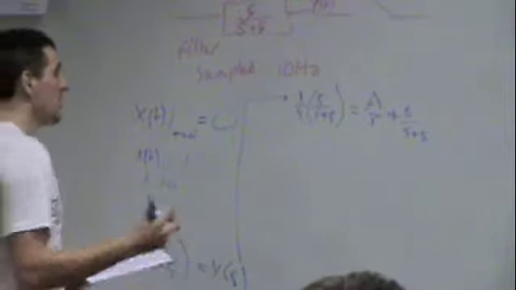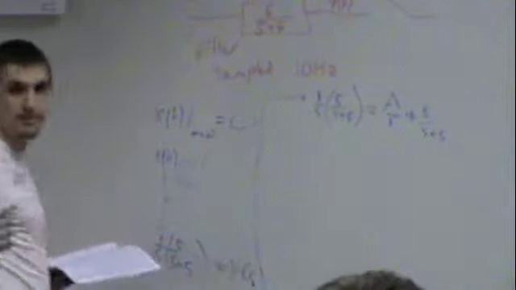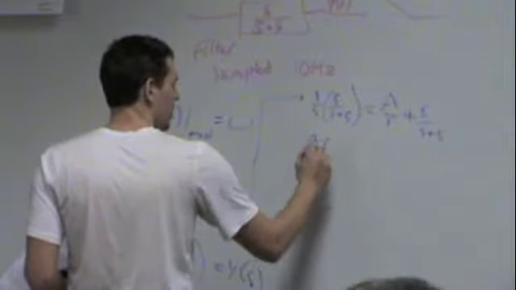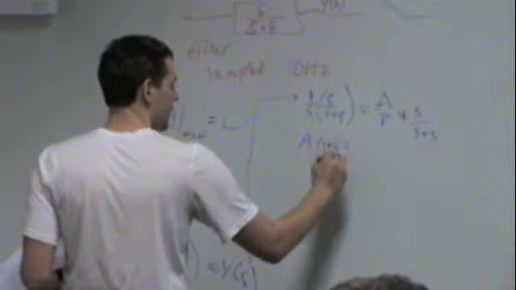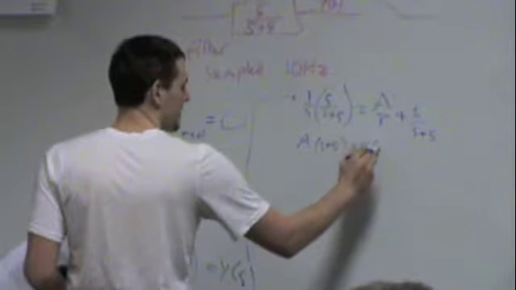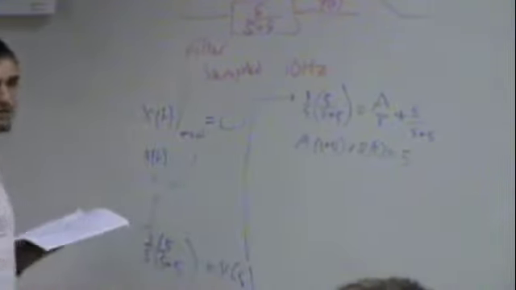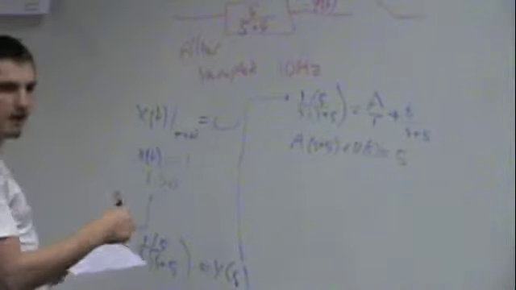So then what I did, lots of people do this, there's at least 3 different ways to do this. The way that I always found is you just cross multiply, so you have A times s plus 5 plus B times s equals 5 times 1, which is 5, right? You guys know how to do this, right?